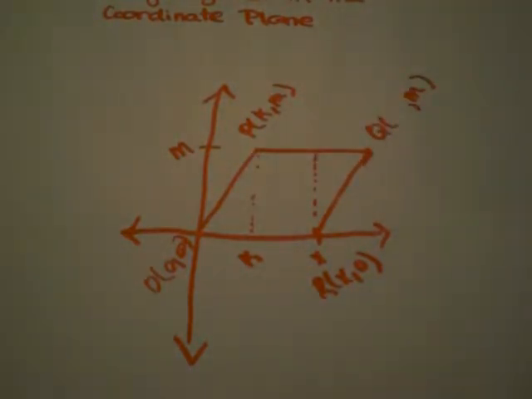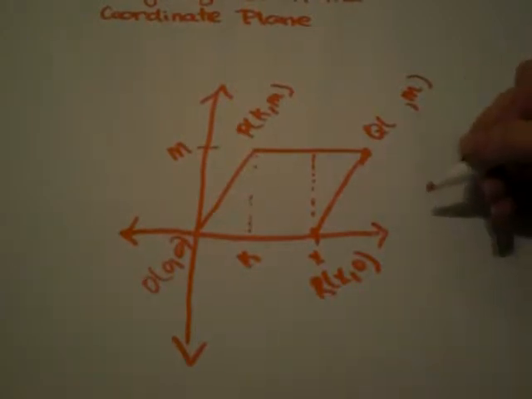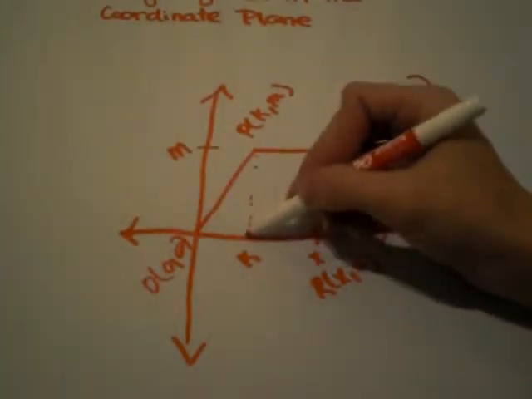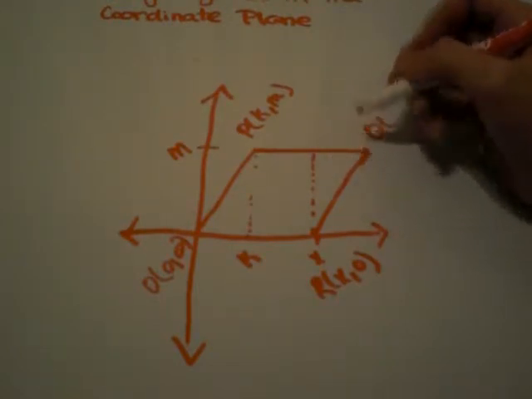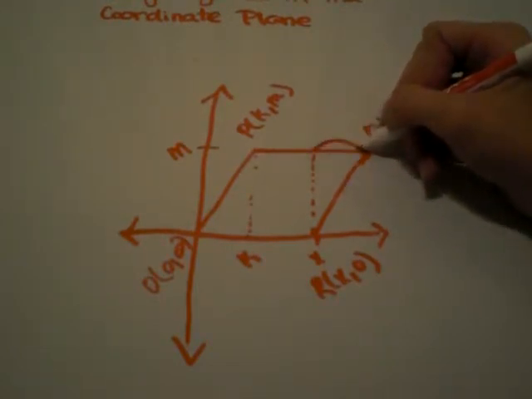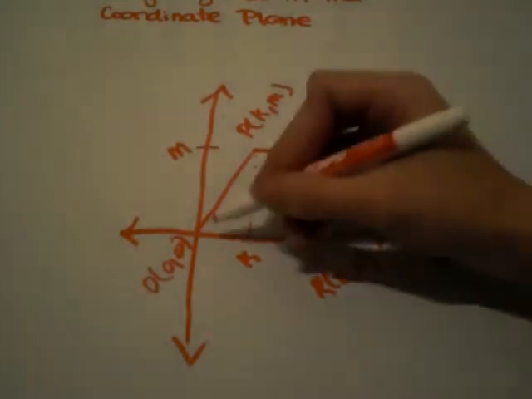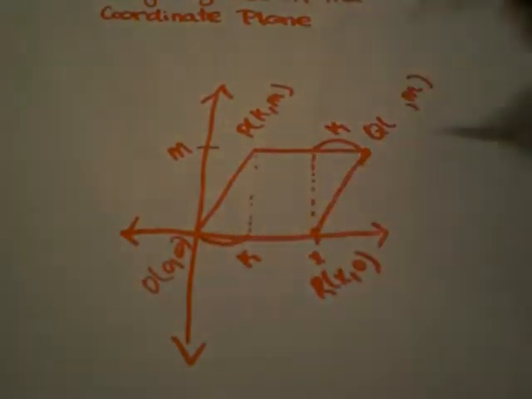And remember, just like any other shape, we have a lot of symmetry in a parallelogram. So if we've gone K spaces in this part of the triangle, this triangle that looks the same but upside down, this space is also going to be K. So we look at this piece here and the piece at the top, both of those are K spaces.